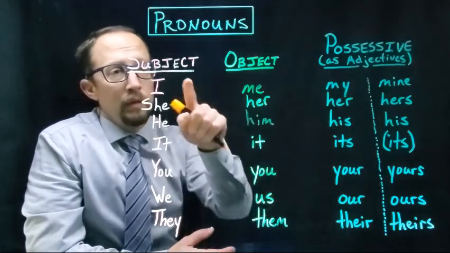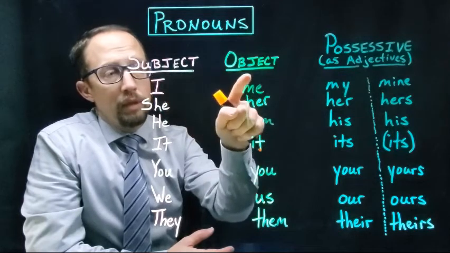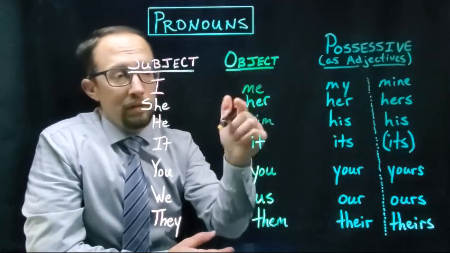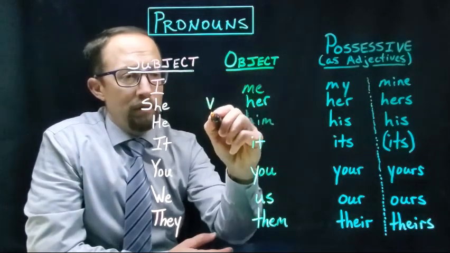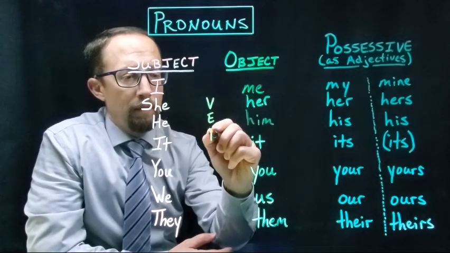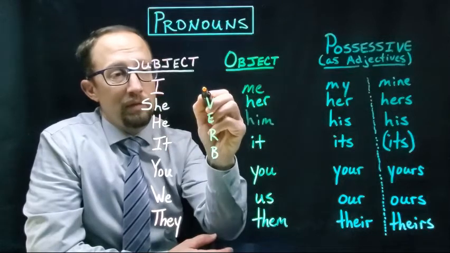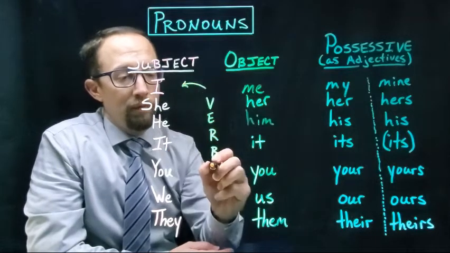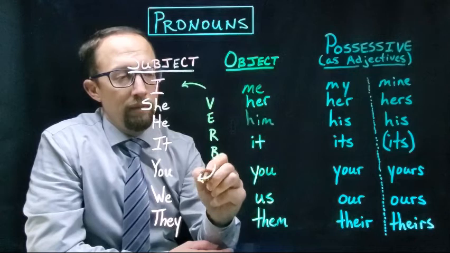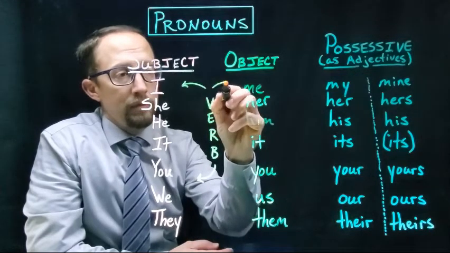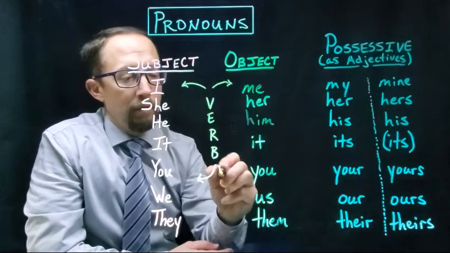So, the subject and object pronouns always have a verb in the middle. The subject pronouns come before the verb, and the object pronouns come after.